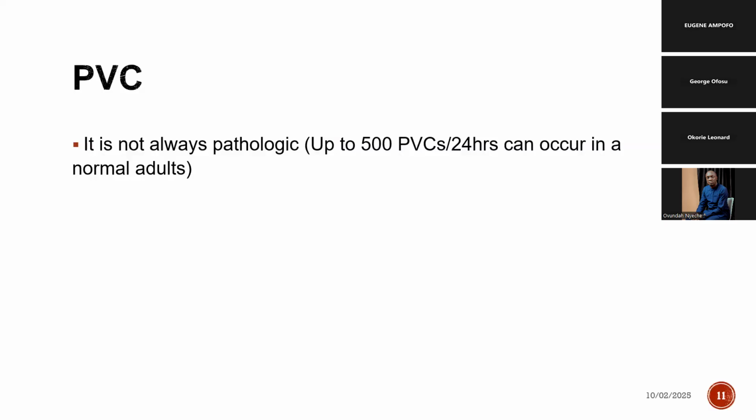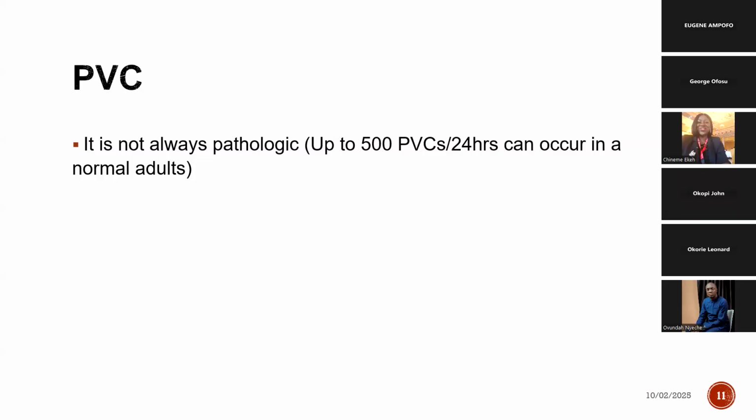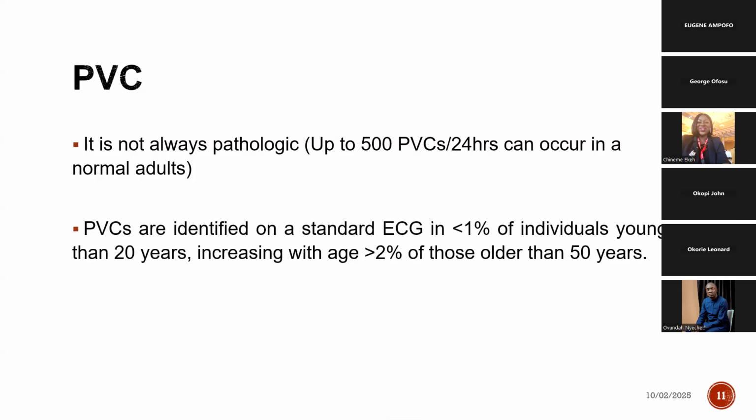PVC is not always pathologic and can be found in normal adults, with up to 500 PVCs occurring in 24 hours in an adult considered normal.